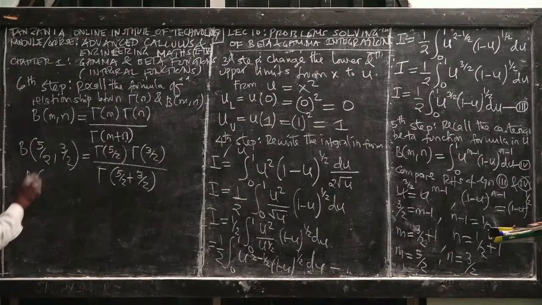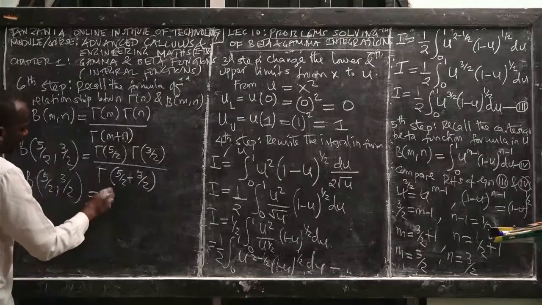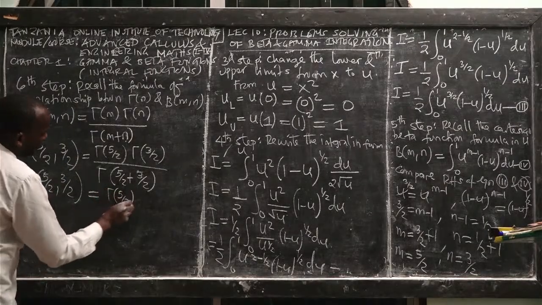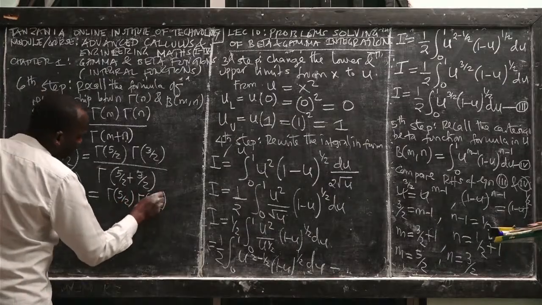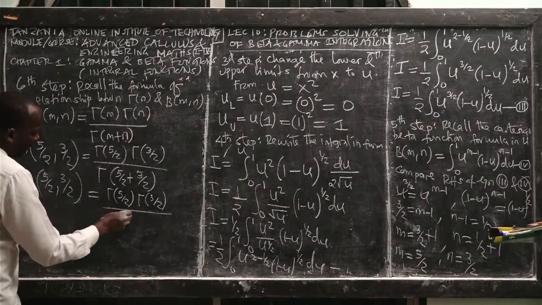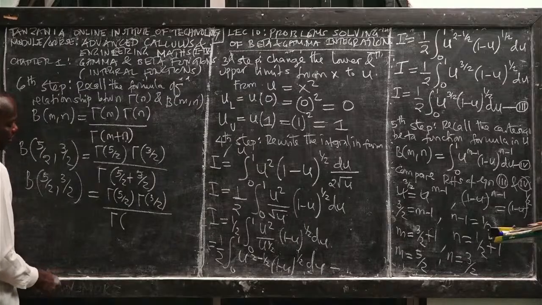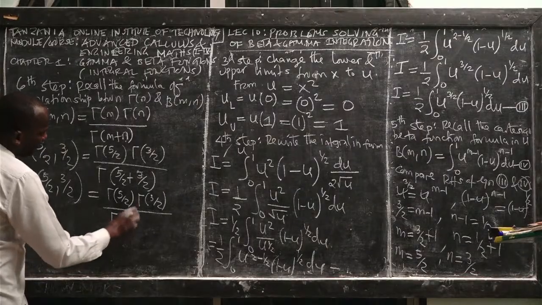So beta of 5/2, 3/2 is equal to gamma of 5/2 multiplied by gamma of 3/2, over gamma of 2.5 plus 1.5, which is gamma of 4.